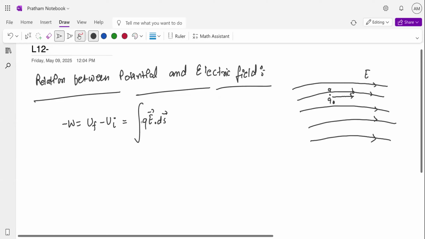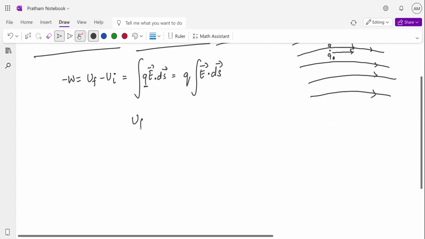The charge is constant, so I can take it outside: q times the integral of E dot ds. Make sense? So we have Uf minus Ui equals q E dot ds.